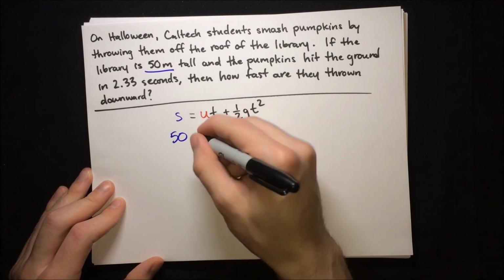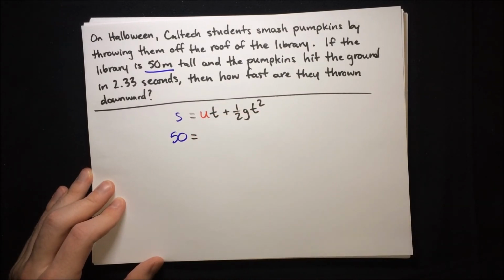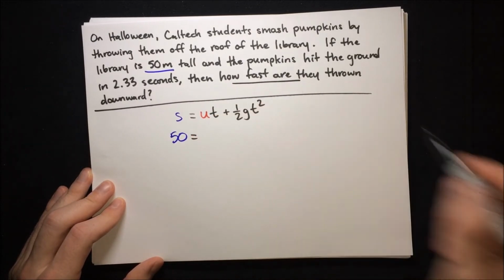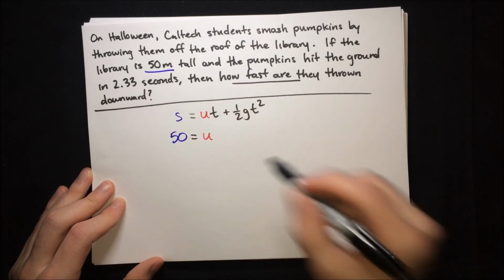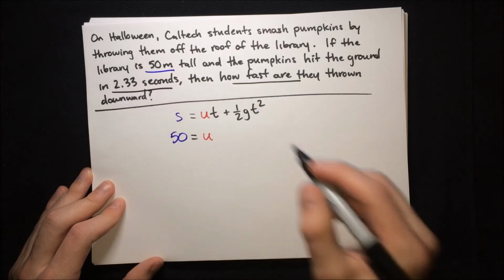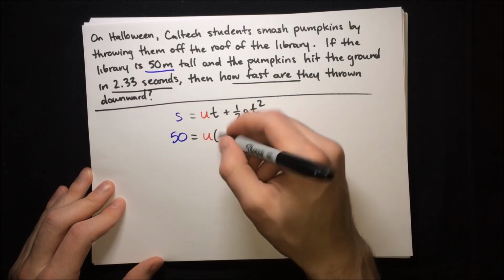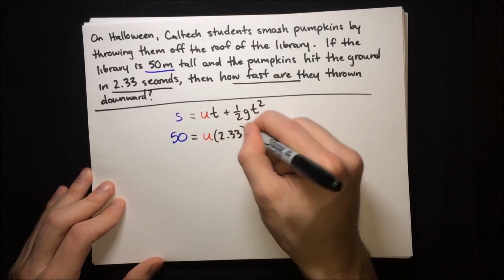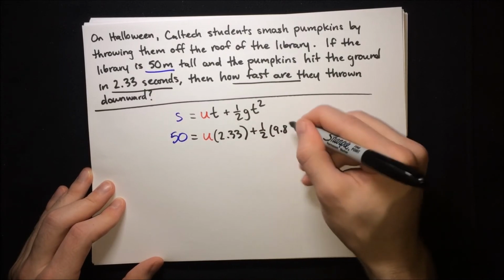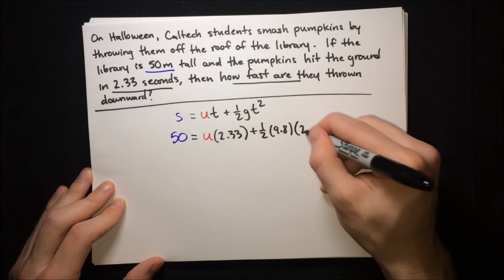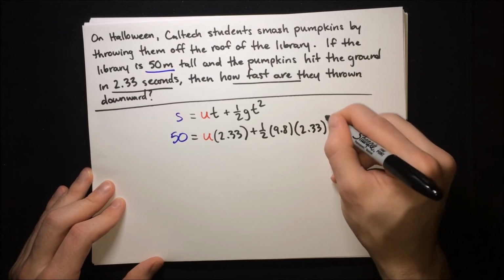50 equals u, which is what we want to solve for. How fast are they thrown? So we'll keep that as a variable. And then t we're given is 2.33 seconds. That's how long it takes to fall. And then plus a half, g is 9.8, and t, 2.33 again, squared.